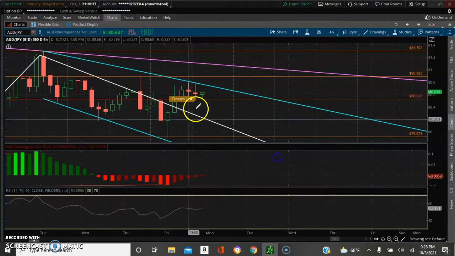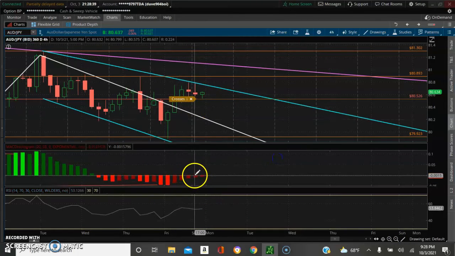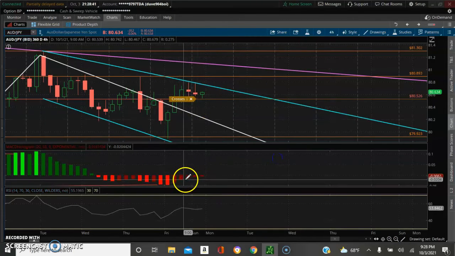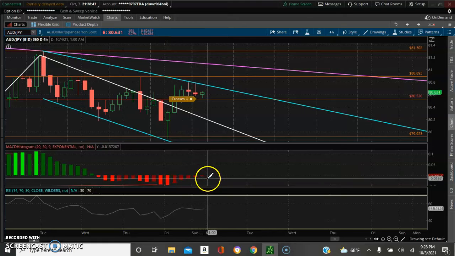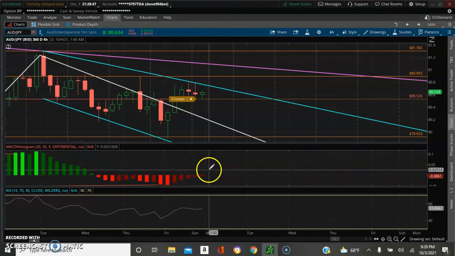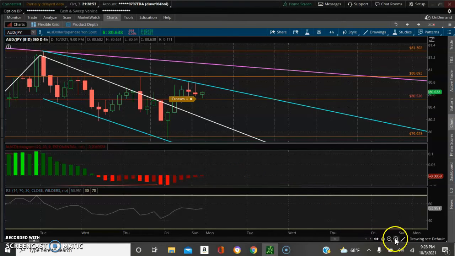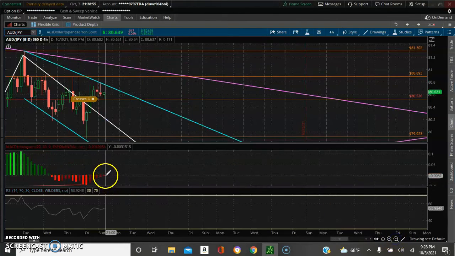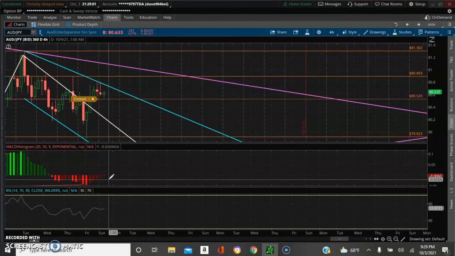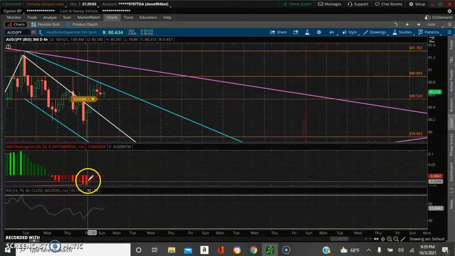Right now it's showing negative up. So it might pop up a little bit and make a smaller histogram, and then come back down. Those are the possibilities. Or it can turn back negative down on the histogram.